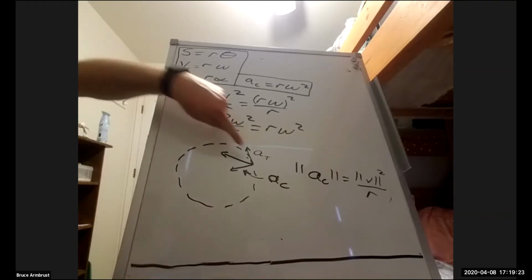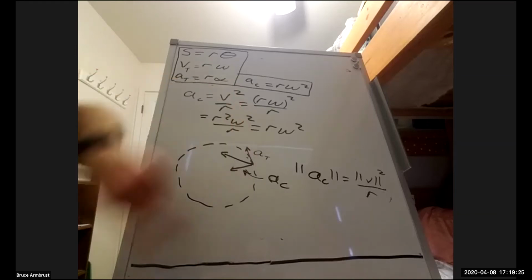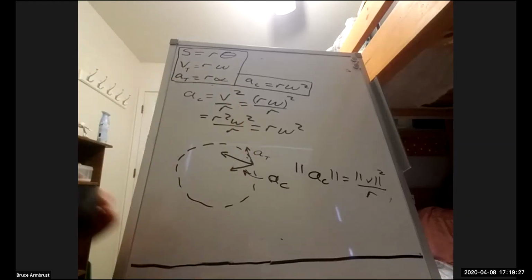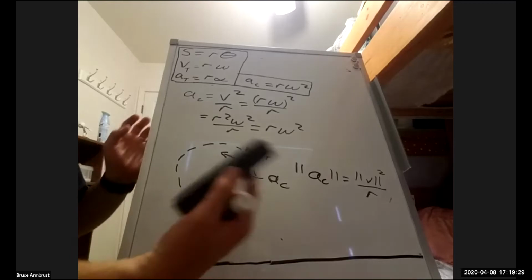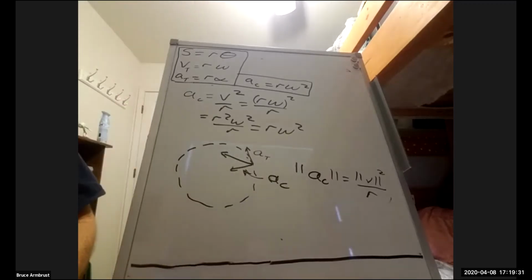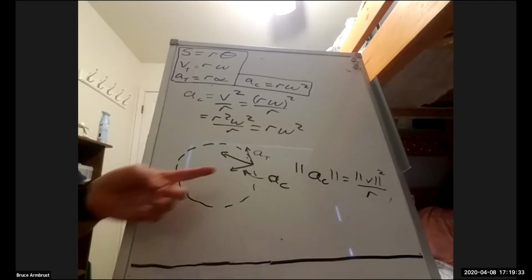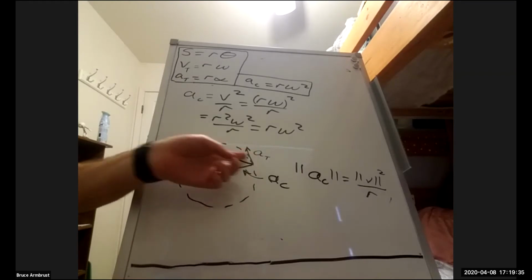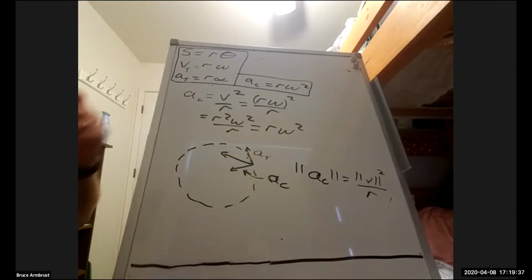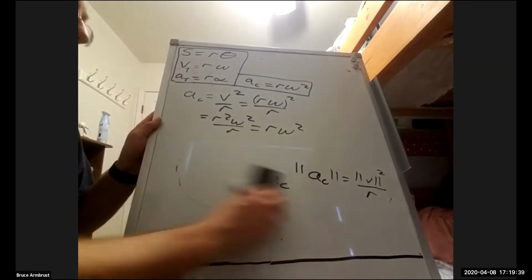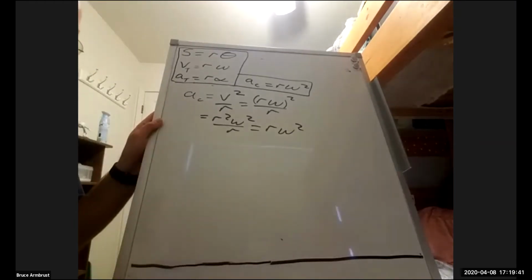So that's the size of these vectors, which means if we want to know the magnitude of just a, we can use the Pythagorean theorem, good old a squared plus b squared equals c squared. Let me finish that thought down here.